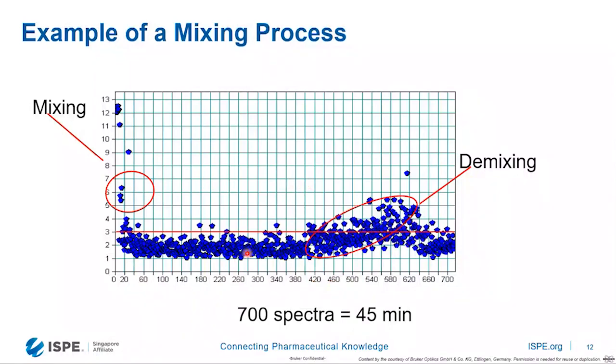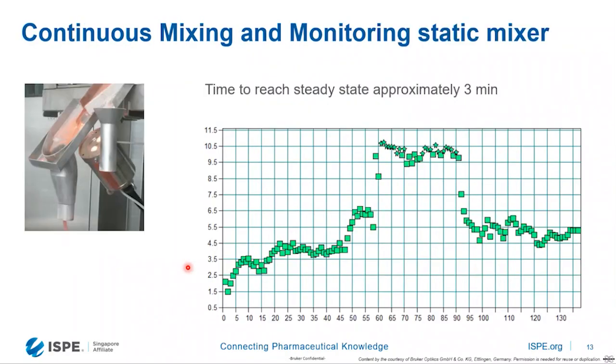But if you mix too long, that could also create a demixing. So the objective of using NIR is to define the position where we can stop the mixing, save the energy and the time, and still have a sample that is very, very well homogeneous.